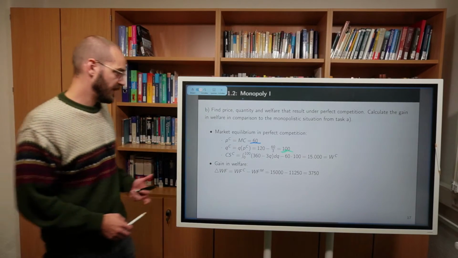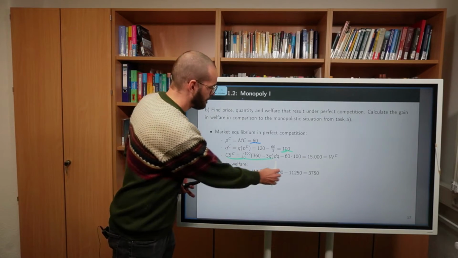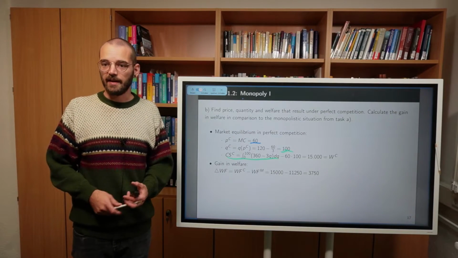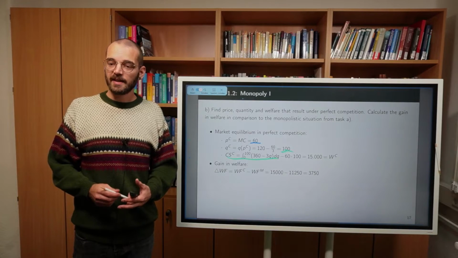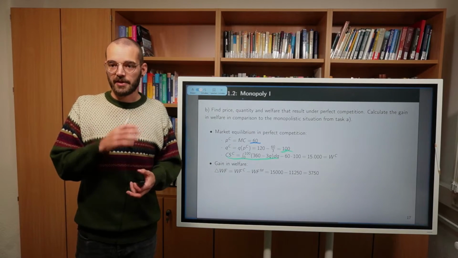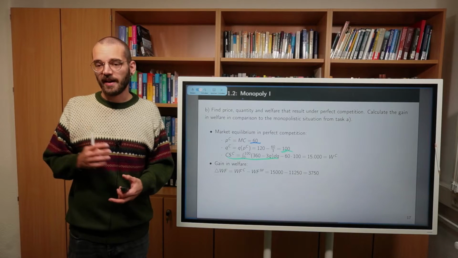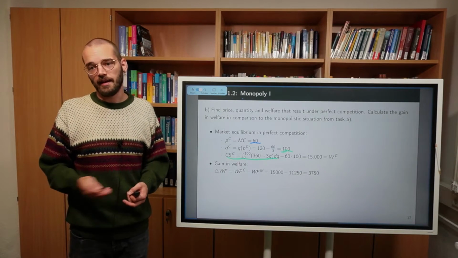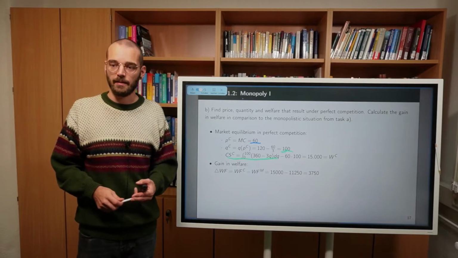We can, of course, again rely on the integral in order to calculate the consumer surplus, but again, we can simply calculate the triangle that is defined below the demand function, which is linear in our case, and the equilibrium price in the market.